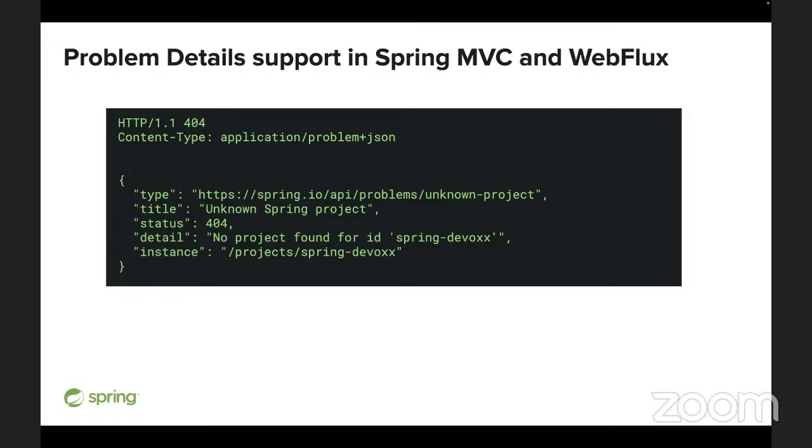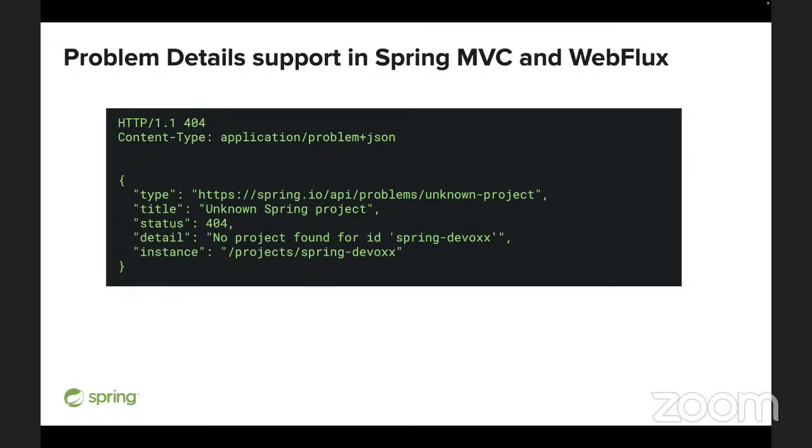Let's say you describe your HTTP API and you provide some pages where you explain, okay, when this error occurs, it basically means this and that. So you can provide more context about the exception. You get a title, which is not based on the request itself, so it's something that doesn't change for that particular exception.